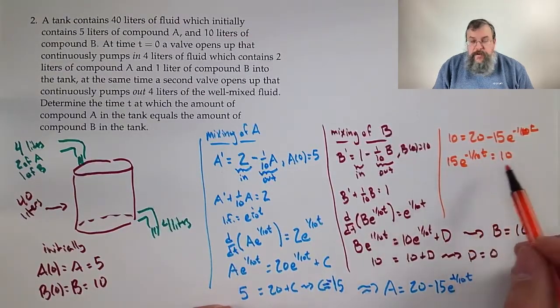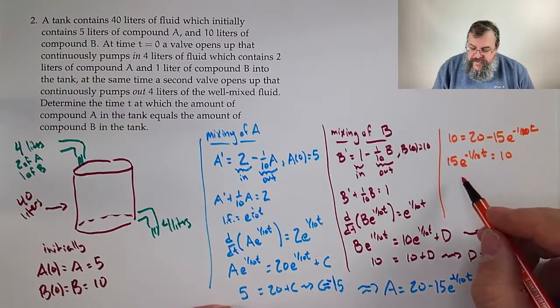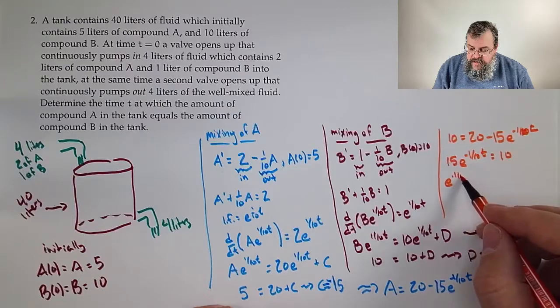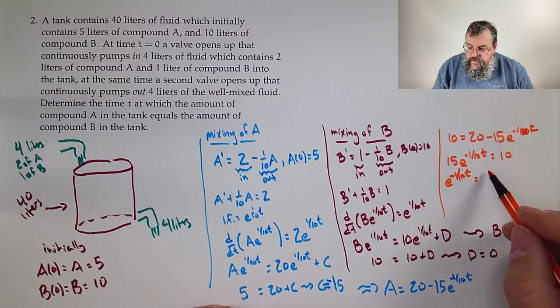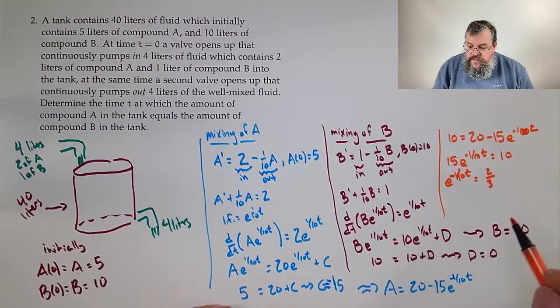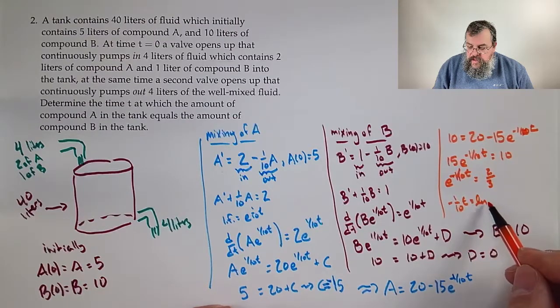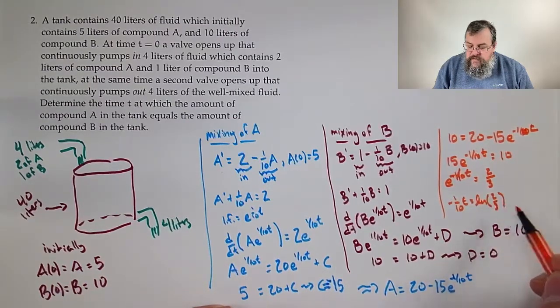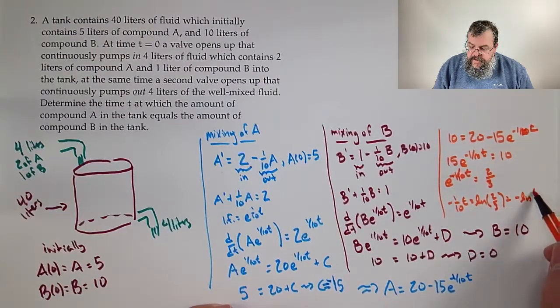All right, divide both sides by 15, and there's a common factor of 5. So you get e to the minus 1/10 of t has to be equal to 2/3. So minus 1/10 t is log of 2/3, which, by the way, is the same as minus log of 3/2.